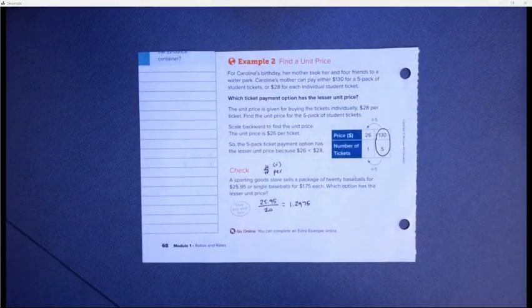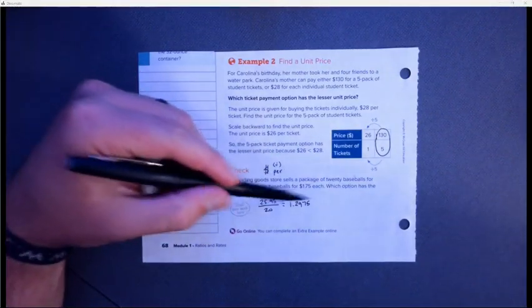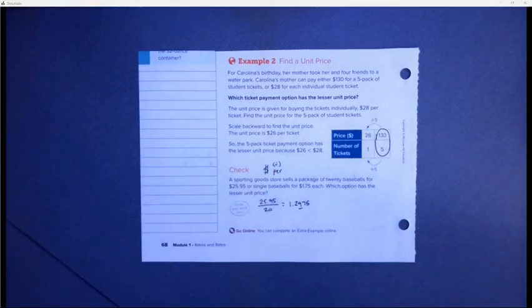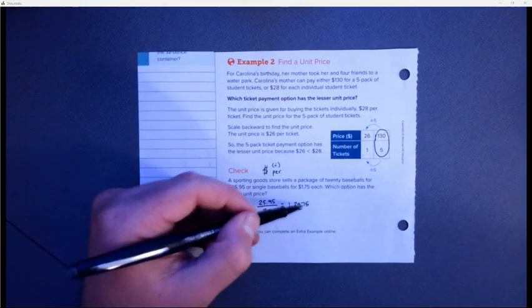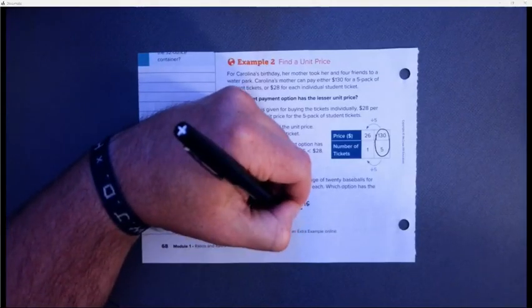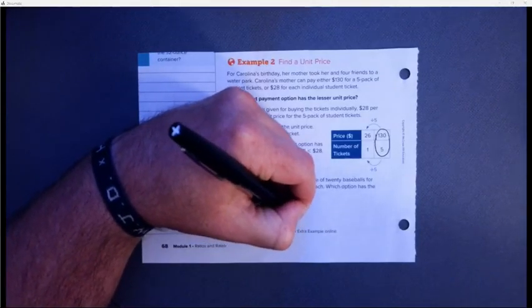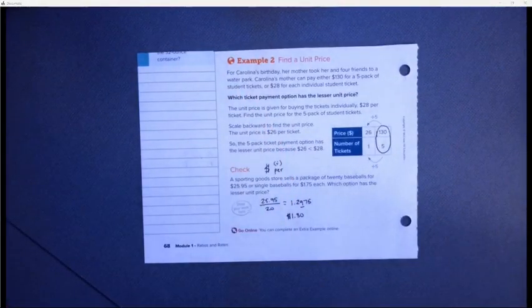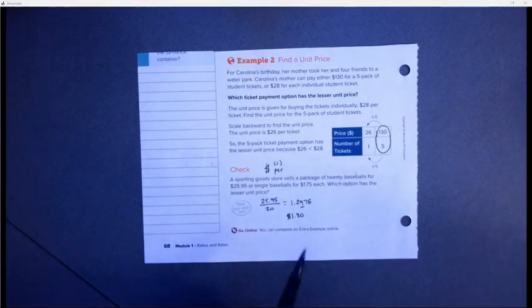Since we're talking money, we can't have that many decimal places. Money only goes to the hundredths place, so we need to round to the nearest hundredth. Since the next number after 9 is a 7, it's going to round up. So the 20-pack of baseballs comes out to $1.30 per baseball, whereas if we buy the baseballs individually, they're $1.75. So it's cheaper for us to buy the 20-pack.